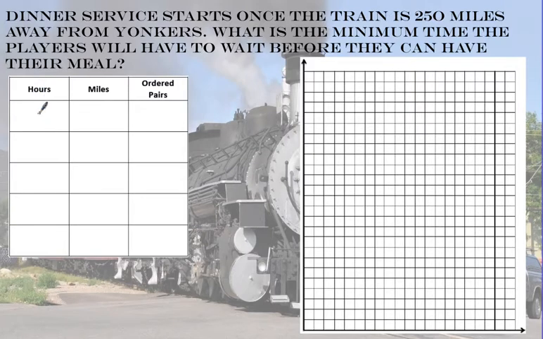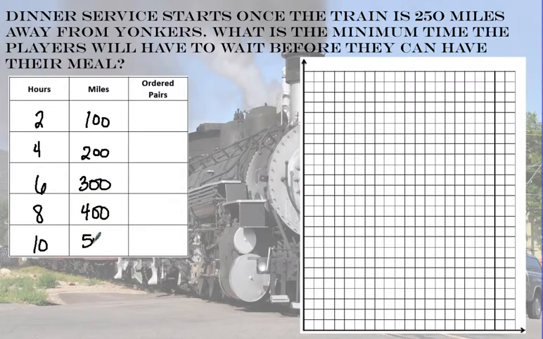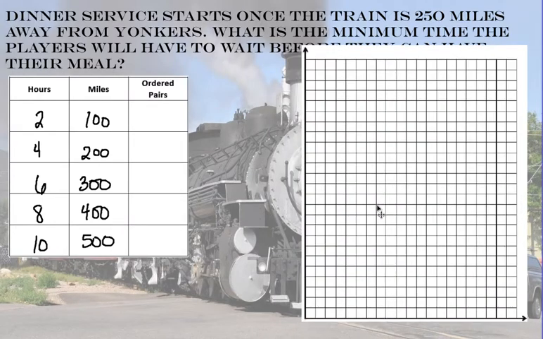So for right now, I know my hours were 2, 4, 6, 8, and 10. And I know that my miles were 100, 200, 300, 400, 500.